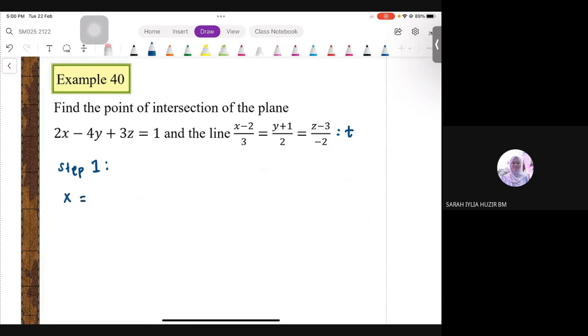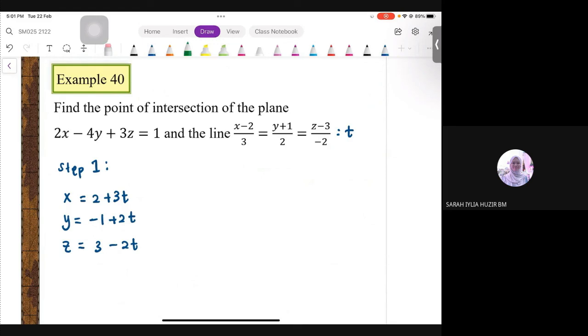X now would be 2 plus 3t. I use scalar t. You may use any other scalar, it doesn't matter. Okay, second one, y, we should have negative 1 plus 2t. And then the last one, z should be 3 minus 2t. Okay, settle with this first step.